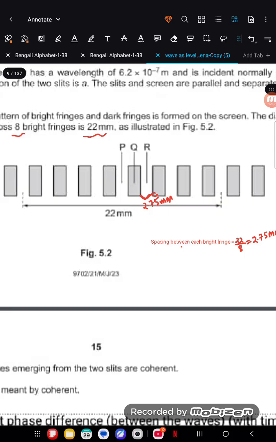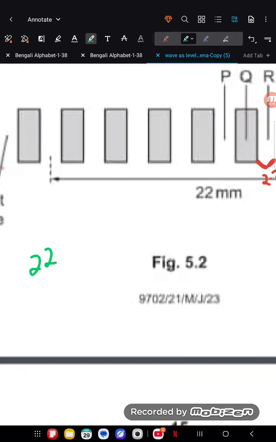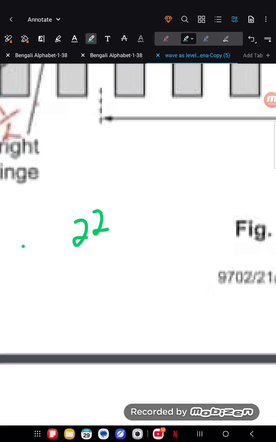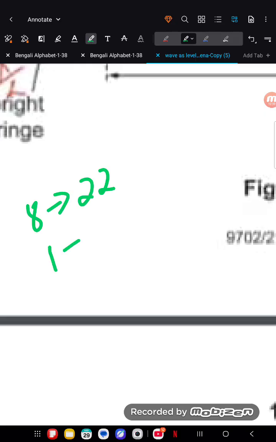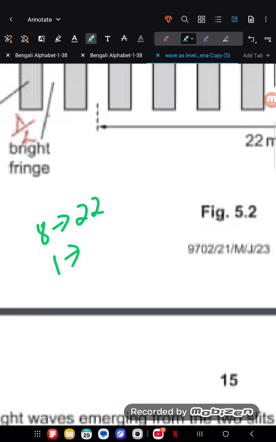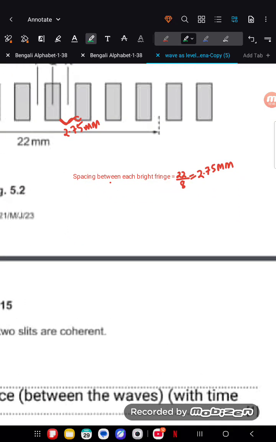Between two bright fringes, what will be the distance? When 8 fringes is equal to 22 distance, what will be one fringe? Cross multiply and get the answer.